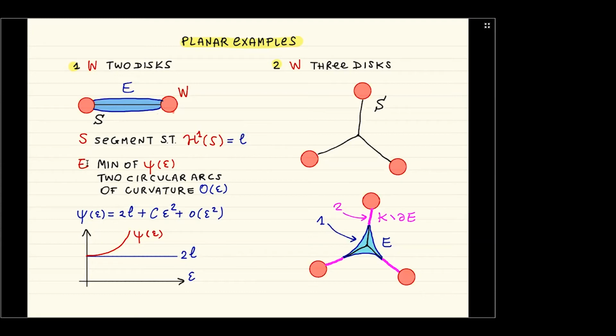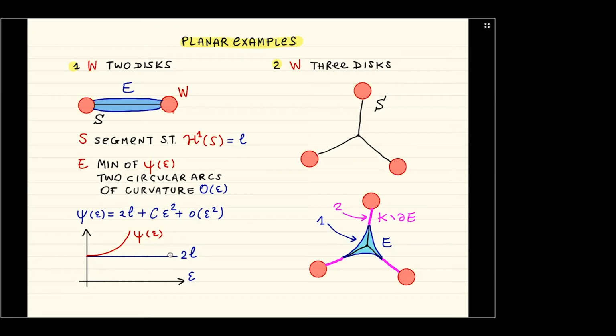Well, the minimizer in my problem will be given by two circular arcs of very small curvature. The curvature will be proportional to the volume constraint. The optimal energy will be twice the length of the plateau minimizer plus some constant epsilon square plus little o of epsilon square. So this will be the graph for epsilon small of the capillarity approximation of the plateau problem.